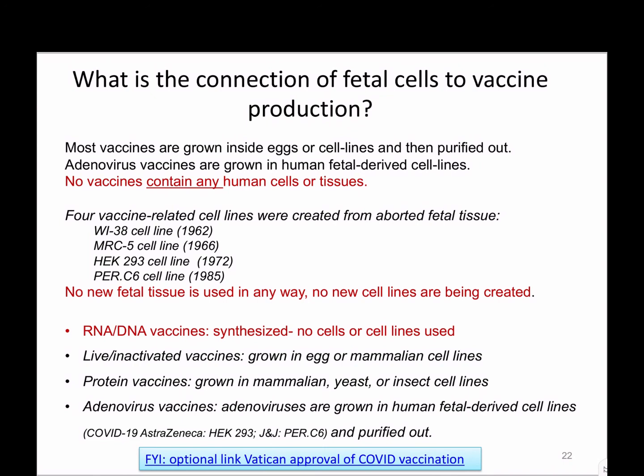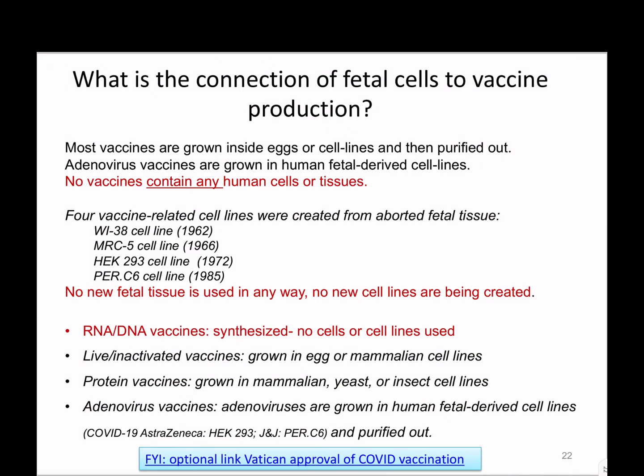One of the things I've seen out there are people saying that the vaccines themselves contain embryonic tissue or fetal tissue, and that needs to be clear that no vaccine contains any human cells or tissues. It is true that the adenovirus vaccines are grown in a cell line that is derived from fetal tissue.